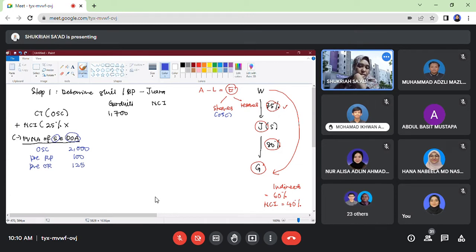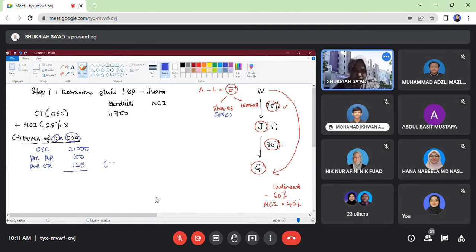Betul? Betul kelas? So pre masuk kat sini. Kalau you silap identify pre, so salah lah you punya step number 1. Ada banyak step nak pergi ni. So ada lagi information? Tak ada. Itu saja. So kita pun calculate.